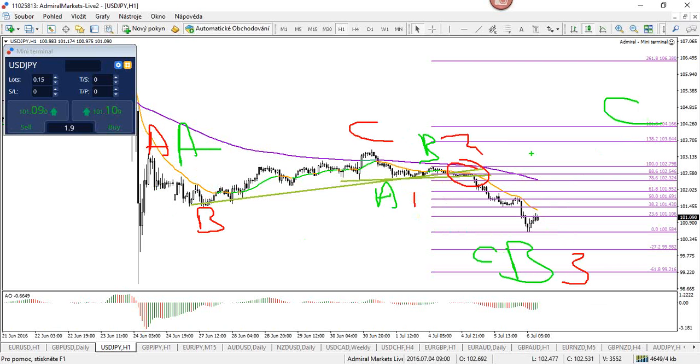That's confluence. That's a good reason for shorting. And the only thing is the target. Where will price bounce? We don't know. If it is a wave C of B, it will bounce around here, about 100, 100.50, 101 for that green C. If it's wave 3 red, it will just make small retracements and continue. So here I am actually 50-50. I don't have any preference.